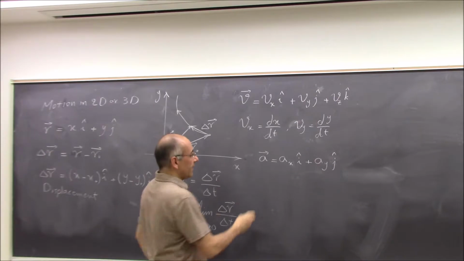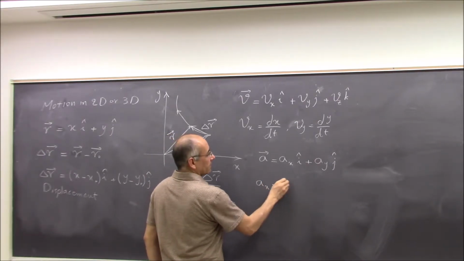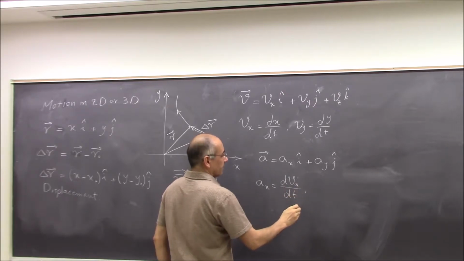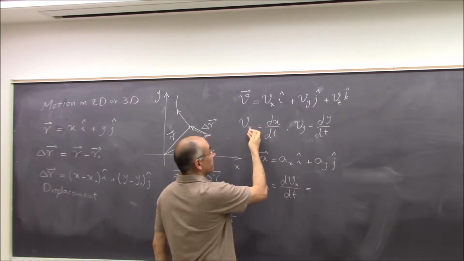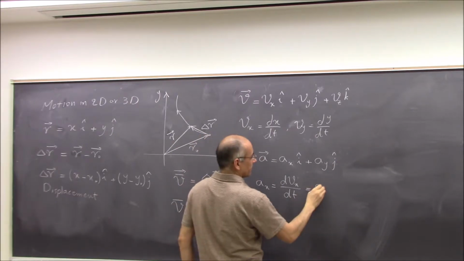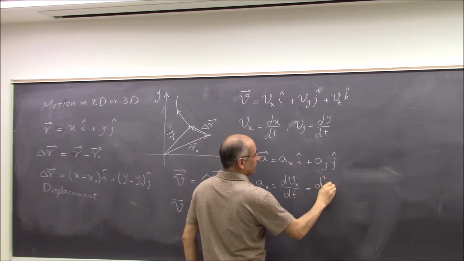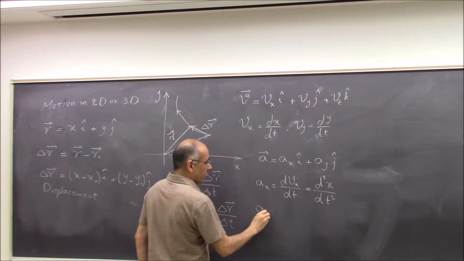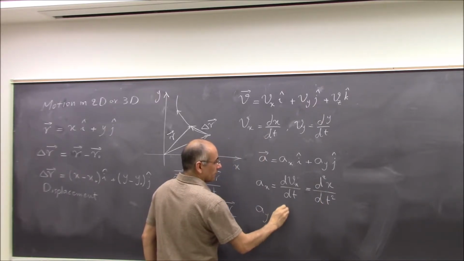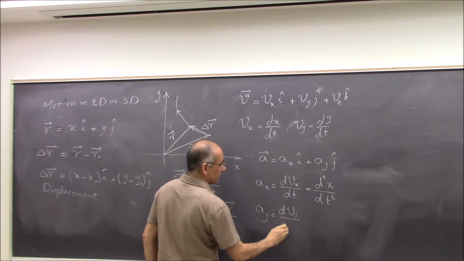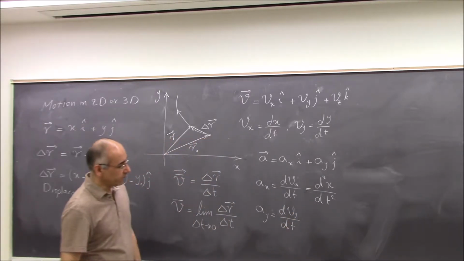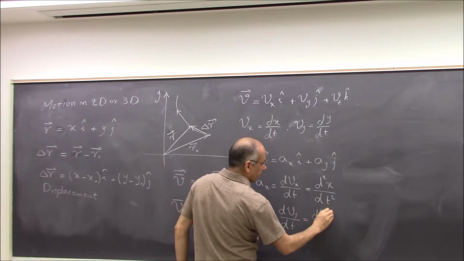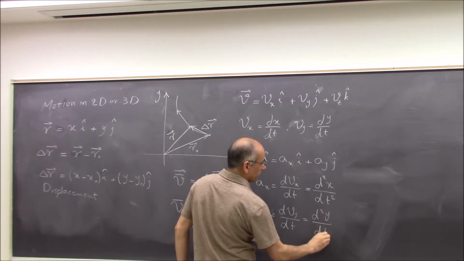And ax is dvx over dt, and that is equal to, if you use vx as dx over dt, the second derivative of x with respect to time. And ay is dvy over dt, the derivative of vy with respect to time, which is the second derivative of y with respect to time.